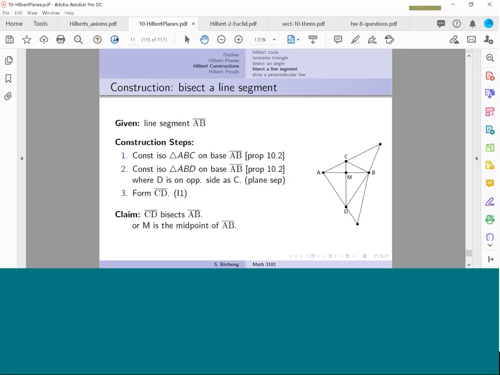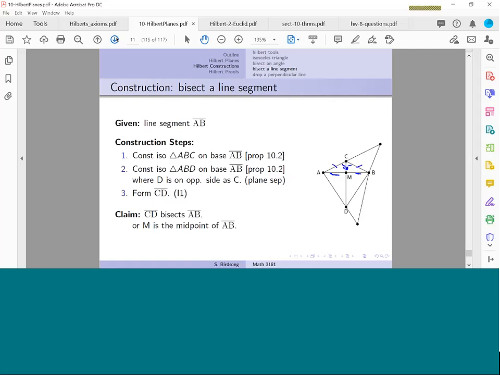Then you get that those two angles are congruent to each other. We know those guys are congruent to each other. That one shared, so by side, angle, side, you would actually get that M is the midpoint. It would be a little bit longer in the proof, but you could do it that way.